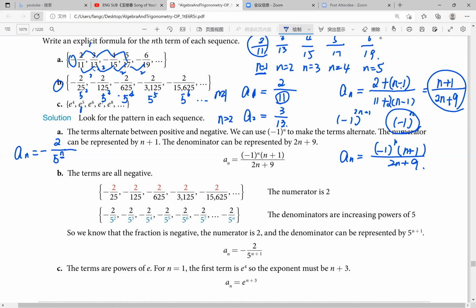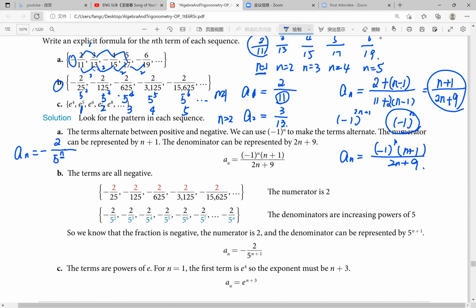another important step is we need to find the relationship between the position and the rule. So the first one, position is 1. This is 2. This is 3. This is 4. This is 5. Now let's try to find the relationship between the position and the rule.